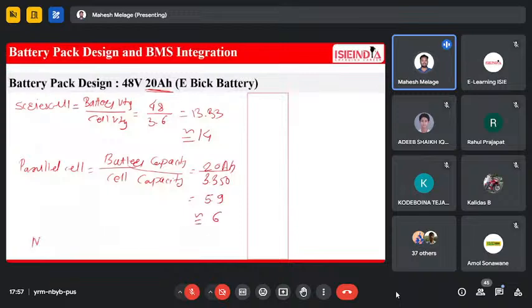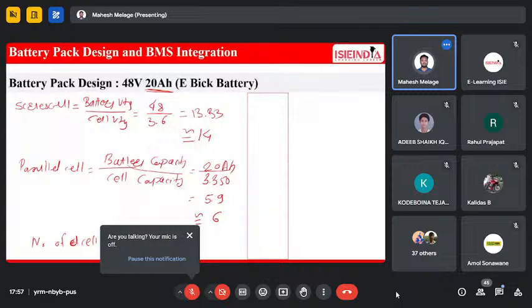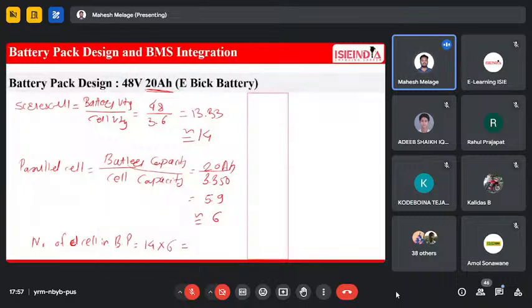Then find the number of cells in the battery pack: series cells multiplied by parallel cells. Series is 14 and parallel is 6. 14 multiplied by 6 is 84. 84 cells are used in this battery pack.